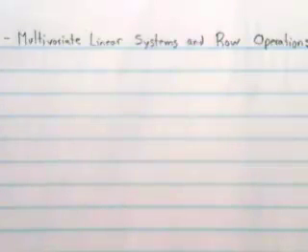Okay, so there are some rules that we need to abide by when we're doing this. And those rules all come from rules that you already know about when you're solving a system by hand.